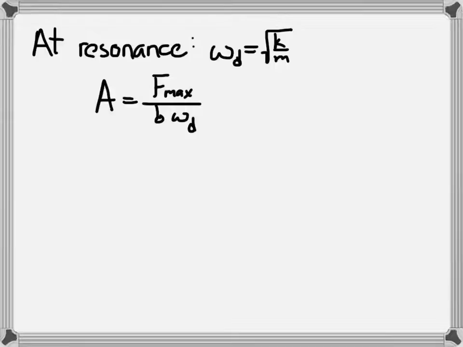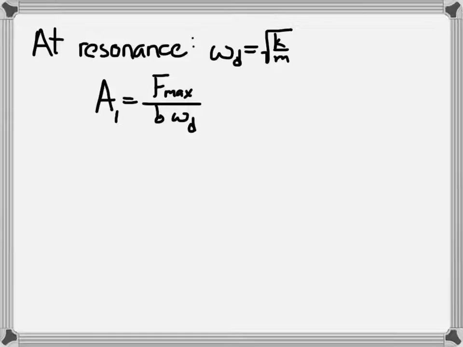I wasn't given any information in the problem about F max, but I am thinking that maybe it will drop out. We'll continue the problem and see if F max somehow drops out. And this is A1, so I'll put A1 right there.